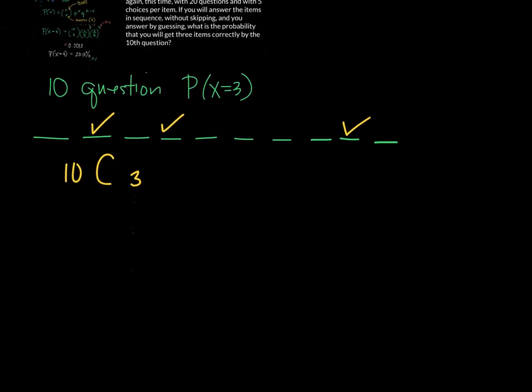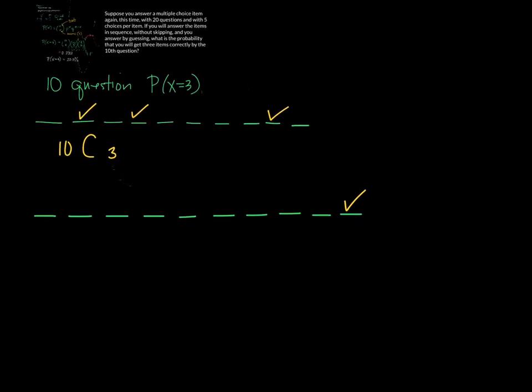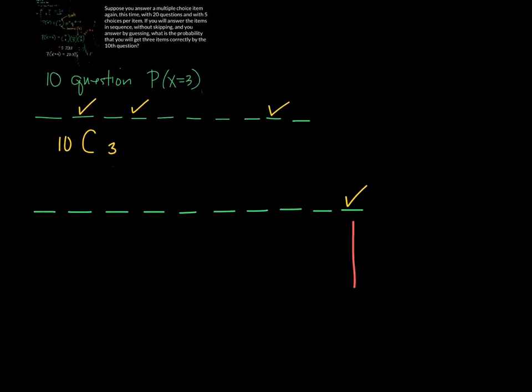If we have 1 to 20 questions, but our concern is that you answer in sequence 1, 2, 3, 4, 5, 6, 7, 8, 9, 10, and you still have to continue answering the items, but the goal is that by the 10th question, you should already have 3 correct answers. So that means we are forced to consider that the 10th question is correct.